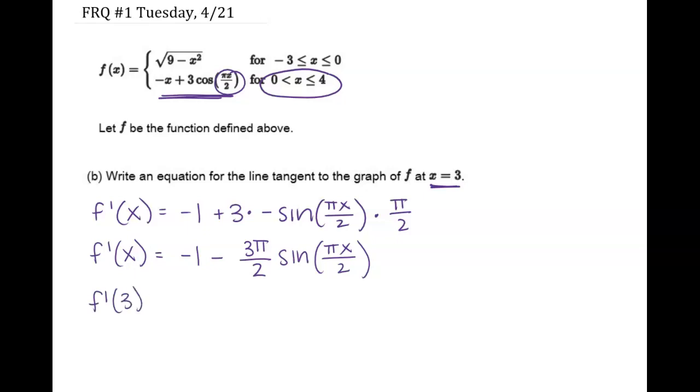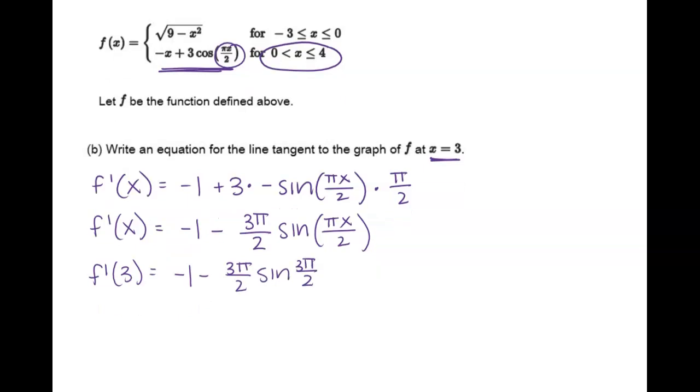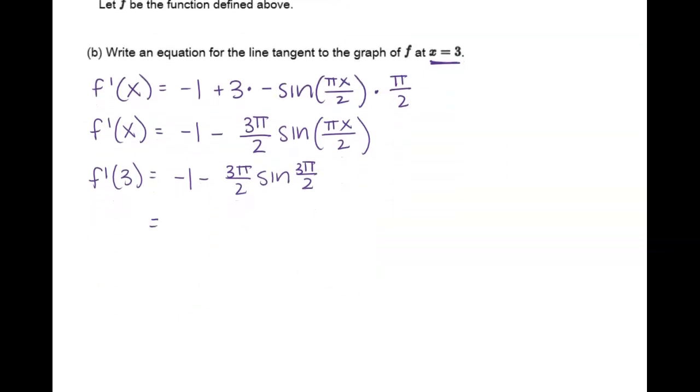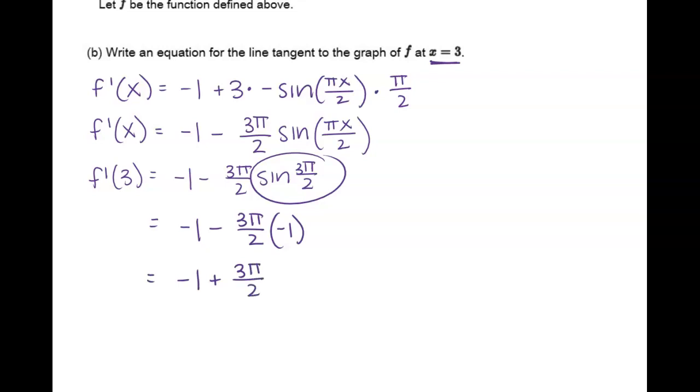F prime of 3 is -1 minus 3 pi over 2 sine of 3 pi over 2, which is -1 minus 3 pi over 2 times, well, sine of 3 pi over 2 is -1. So we end up with -1 plus 3 pi over 2. And that's the slope of our tangent line.